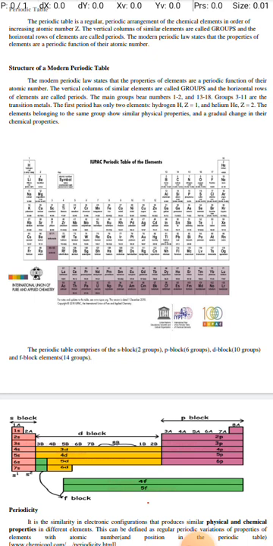Now the main groups bear numbers 1 to 2 and 13 to 18. I will show that. Now look at the hydrogen. We have groups 1 and 2.